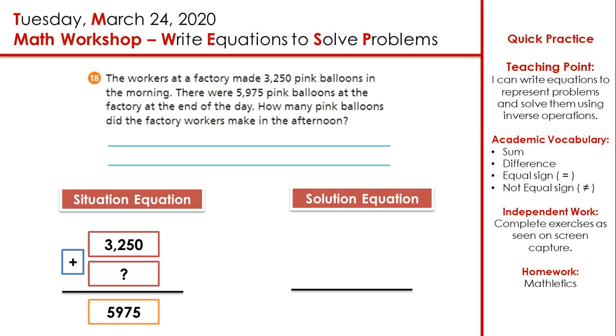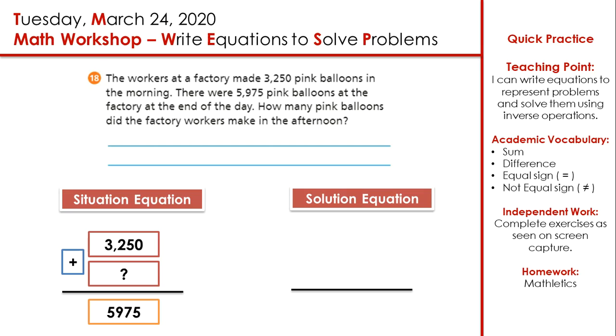At the very top of the mountain, we will have our total, which is 5,975. Now, as we know, when we have a situation like this, we can only take away from our total.